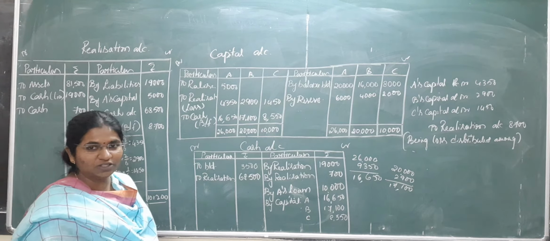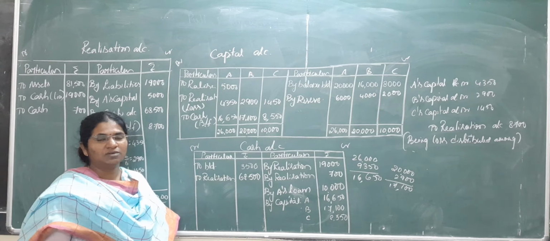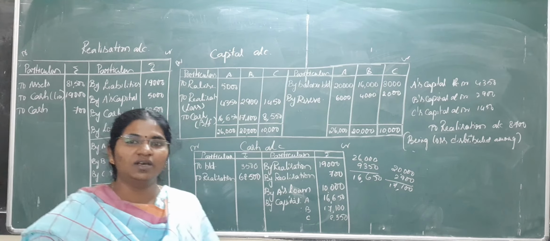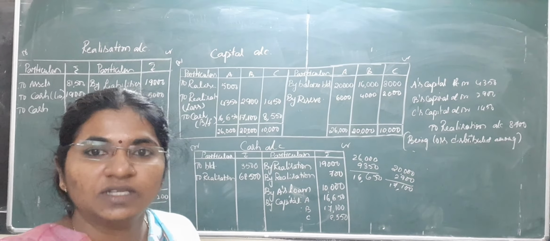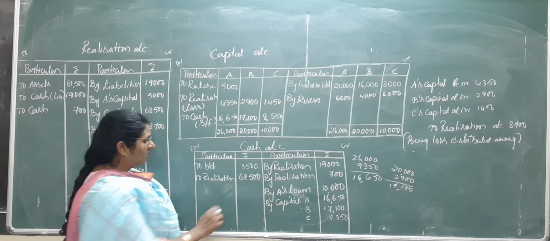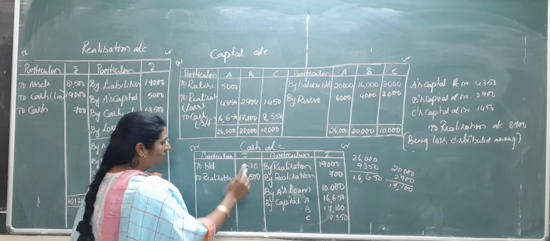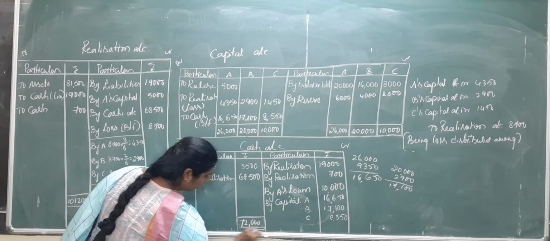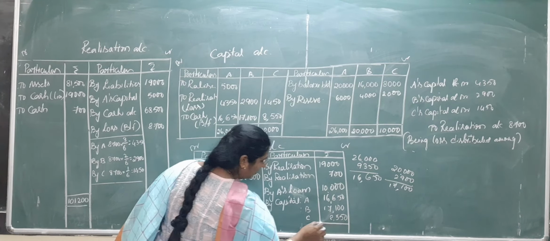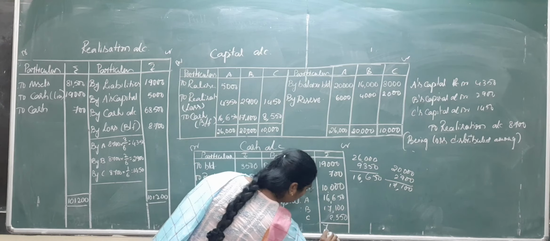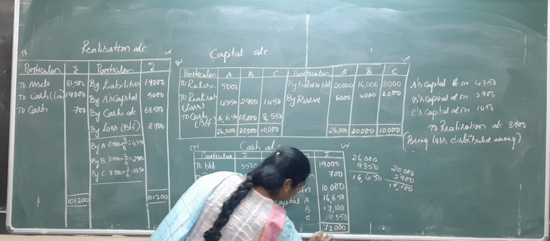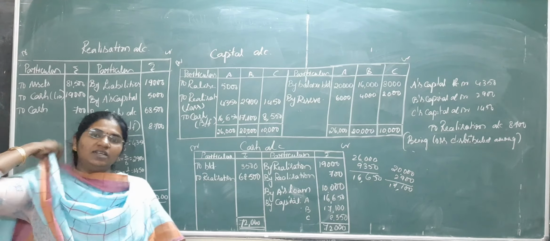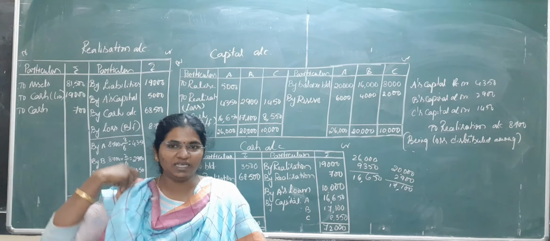If this cash account is closed, then whatever we have done from writing journal entries to posting them to ledger is correct. Okay, let's check. Yes, when we check the totals, 68,500 plus 3,500 shows 72,000 on the debit side of the cash account. Similarly, the total on the credit side of the cash account also shows the same balance, 72,000. Once the cash account is closed, that indicates that yes, our problem is correct.